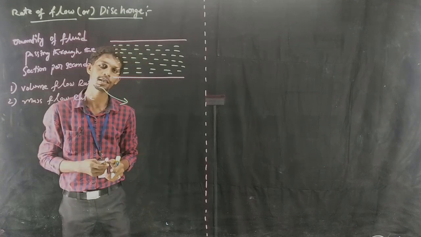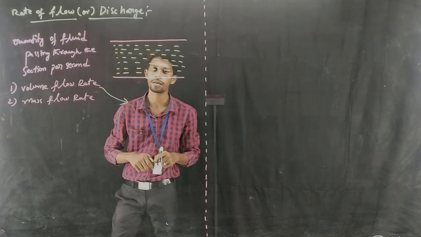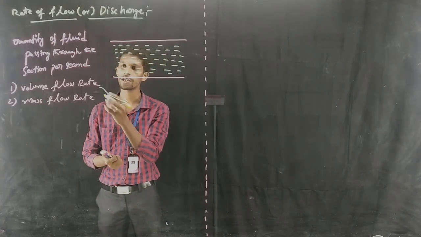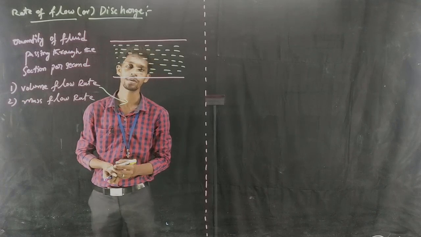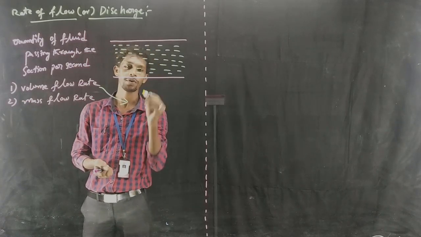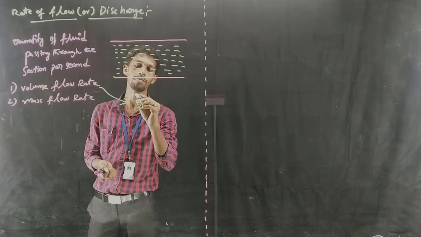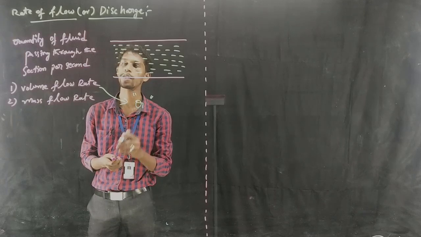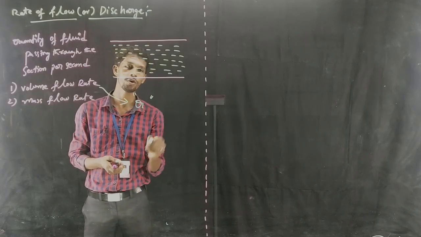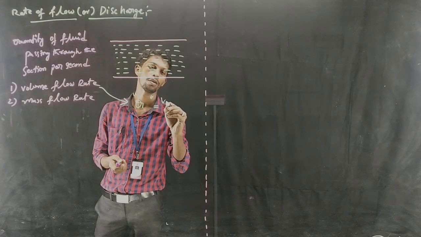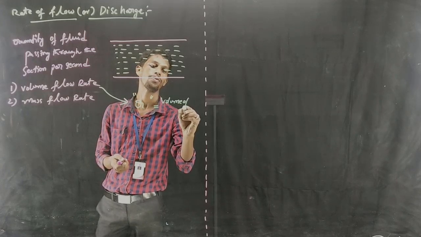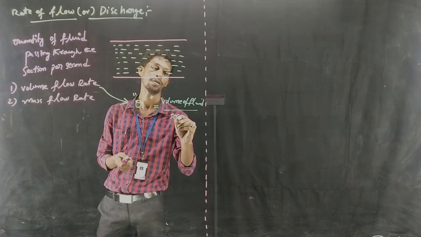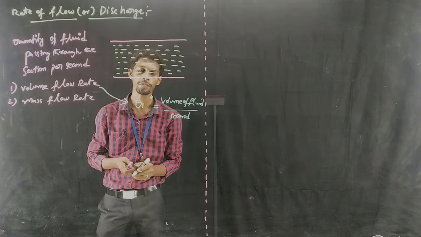Volume flow rate gives you the idea about how much volume of water is passing through this pipe section. So it represents the amount of quantity in terms of volume. The notation for discharge or rate of flow is the symbol Q. So volume flow rate is equal to how much volume of fluid per second, that means per time.